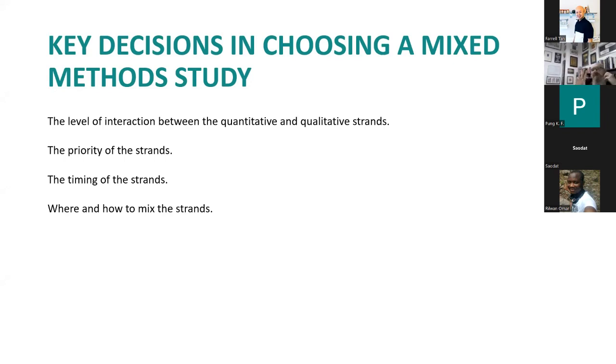At what stage in that 3-year doctoral journey am I going to use the first strand? Am I going to use the second? So, for example, when I am formulating my research proposal, I may choose to use one of the strands then to help me.